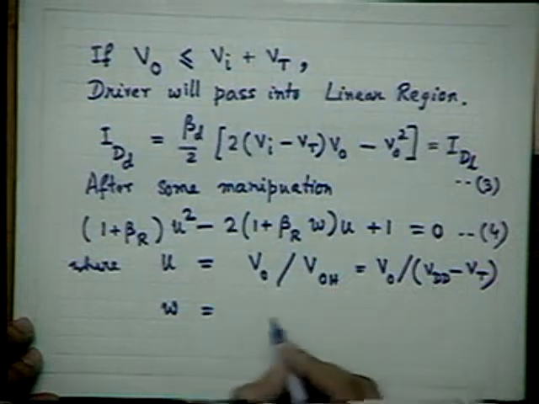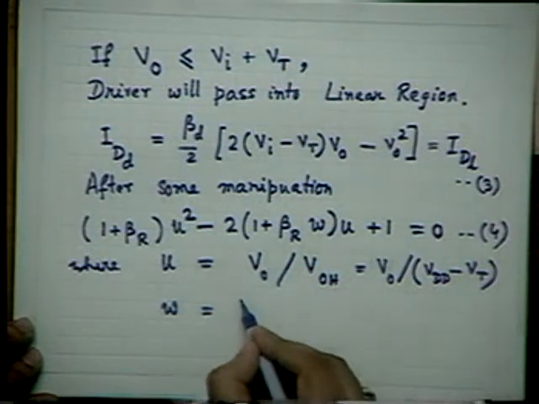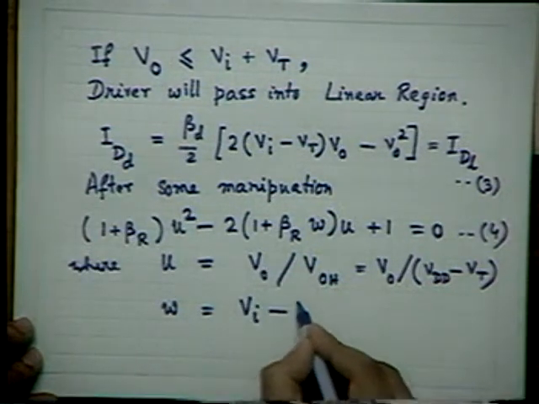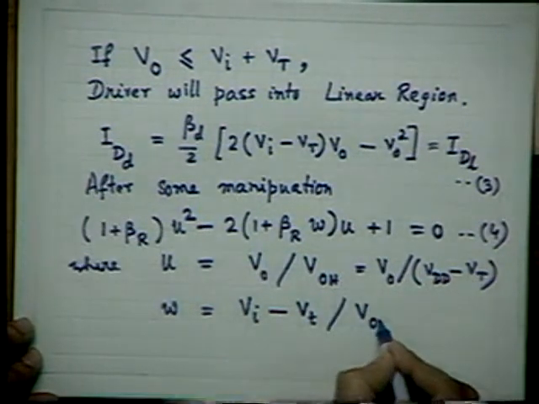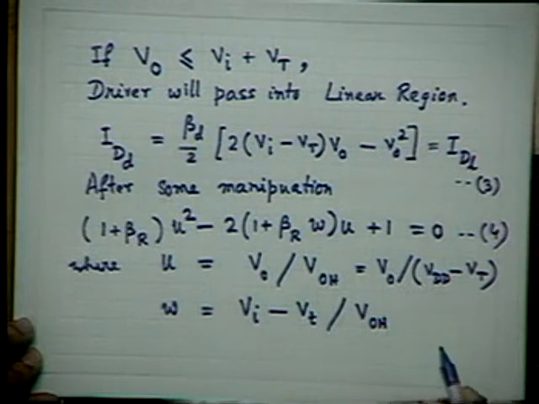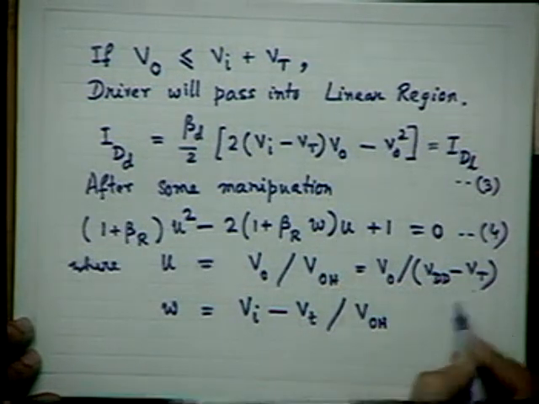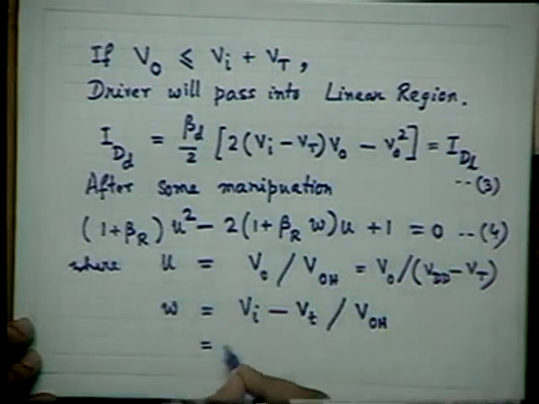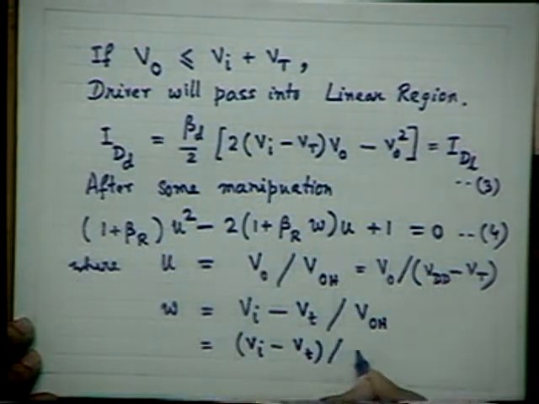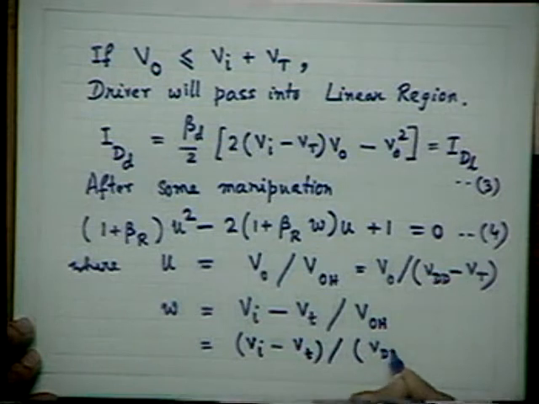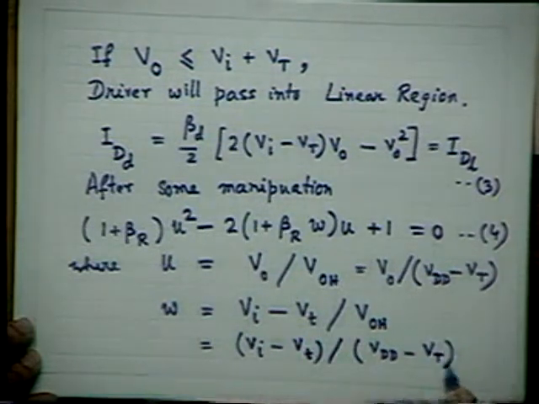And input W is given by VI minus VT divided by VOH, that means VI minus VT divided by VDD minus VT.